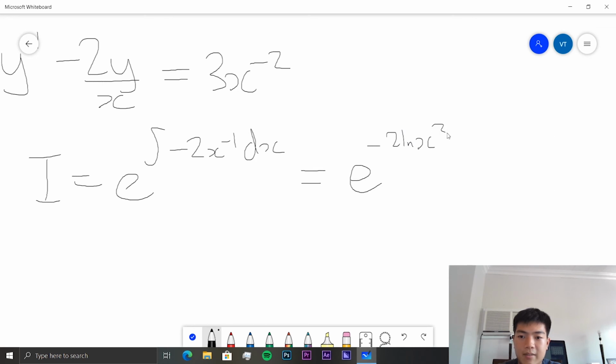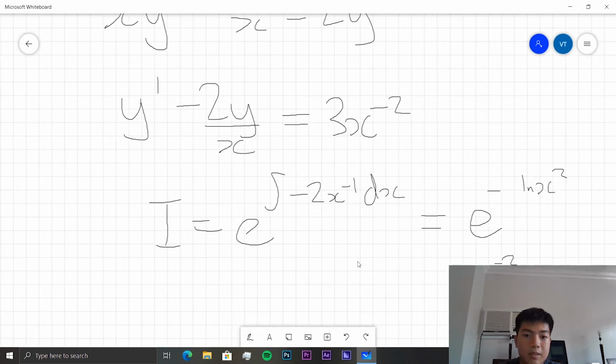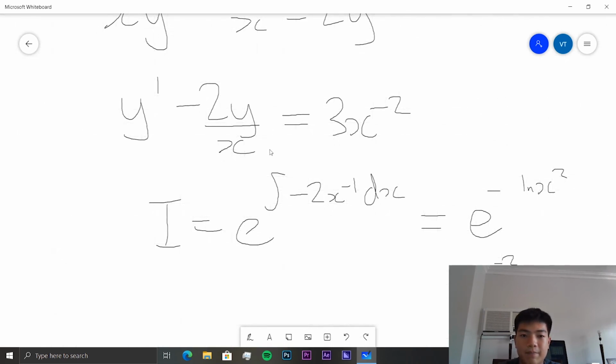So this is negative ln x squared. So this is equal to negative x squared. No. This is equal to x to the negative 2. So we need to multiply everything by x to the negative 2 again.